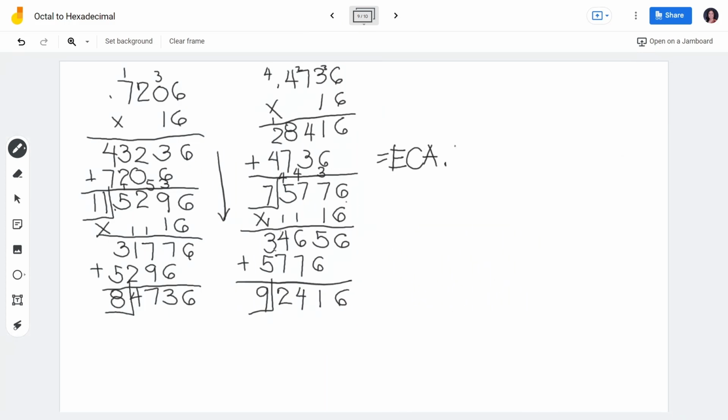Okay, 11 is B. And then 8 is 8, of course. And then 7, 9, base 16. So this is our answer via decimal number system.